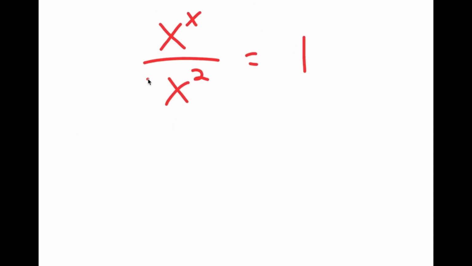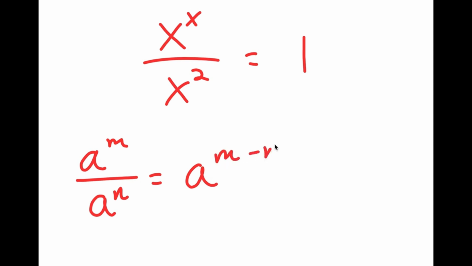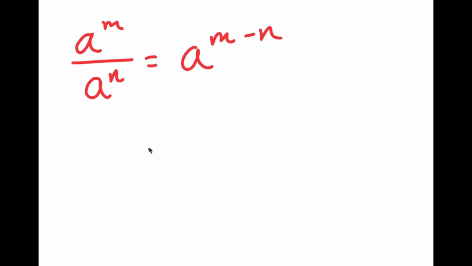Now, if I have something in the form a to the power of m over a to the power of n, this is the same thing as a to the power of m minus n. So x to the power of x over x to the power of 2 is going to equal x to the power of x minus 2, which is equal to 1.